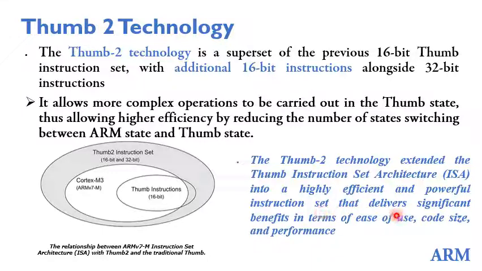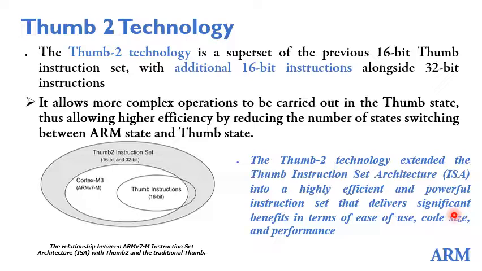instruction set that delivers significant benefits in terms of ease of use, code size and performance. So because of this Thumb-2 technology, one, it improves performance because the time required for switching of states from ARM state to thumb state is avoided, and ease of use because it is the only state you have to be in, and also that will comprise a compact code size.